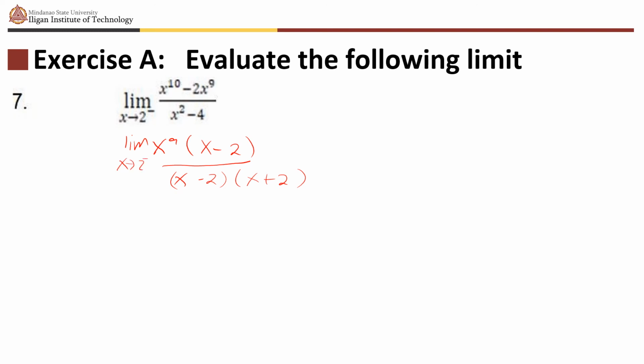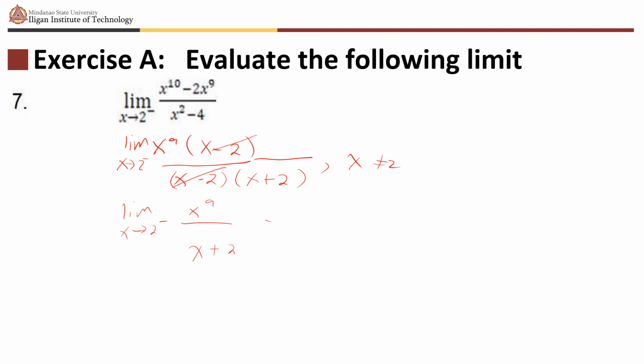So again, it's just approaching 2, so x is actually not equal to 2. I mean to say you can divide out this by that one. So this definitely is the limit now of x to the 9th all over x plus 2 as x approaches 2 from the left.